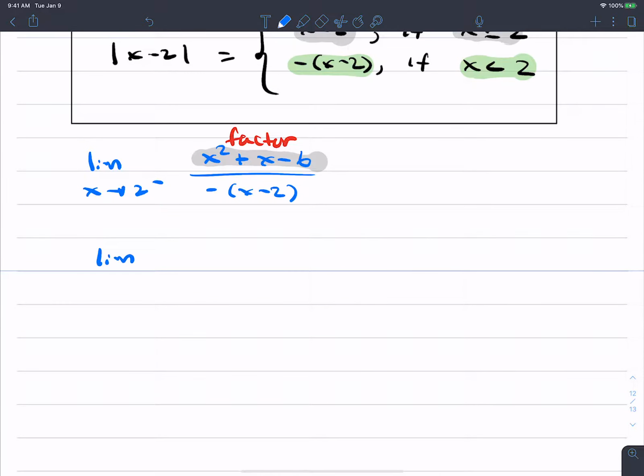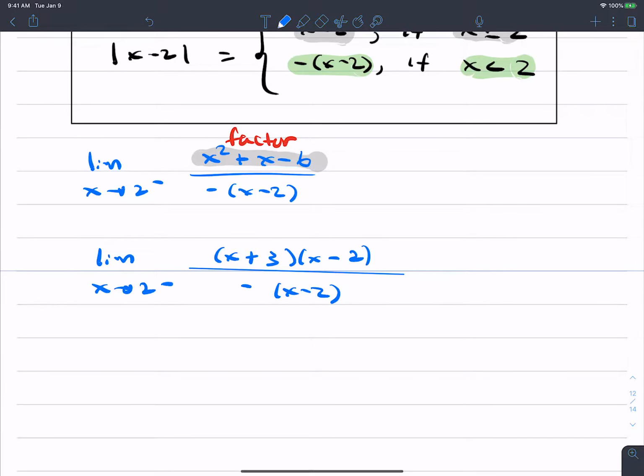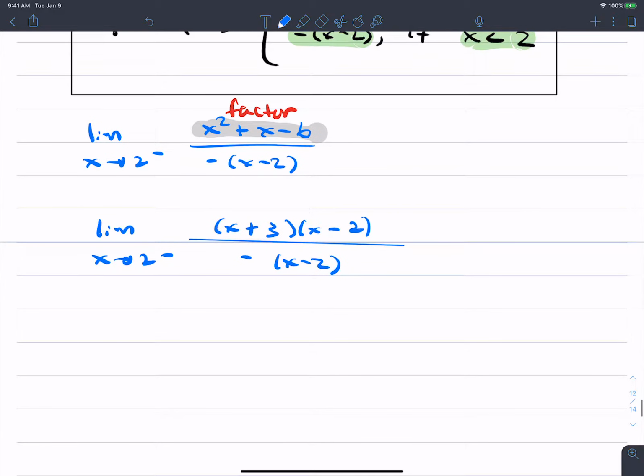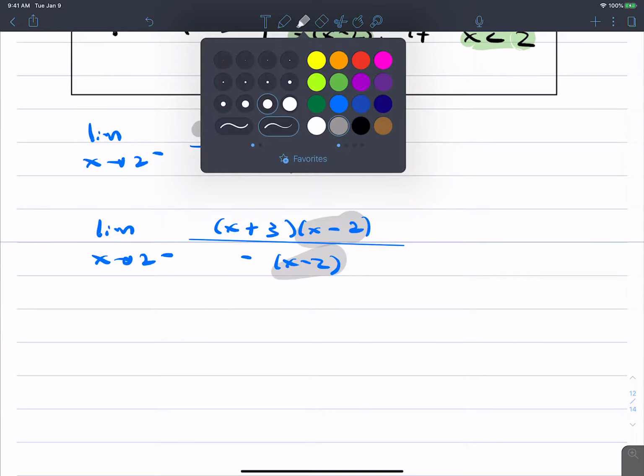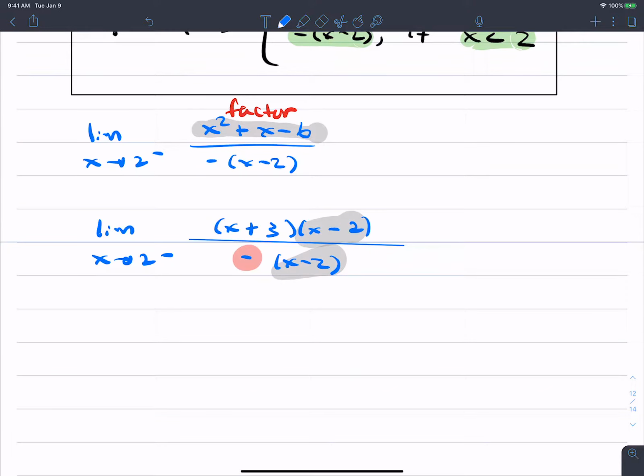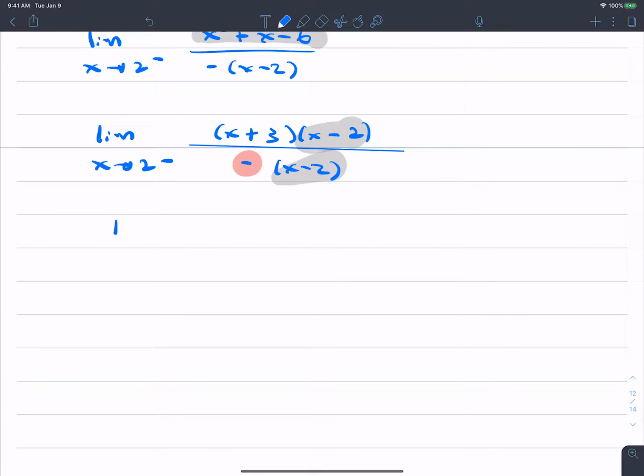So you have the limit, x goes to 2 from the left, and if you factor, right, you get (x plus 3)(x minus 2) over minus (x minus 2), because I factor the numerator. And as you guys can see, the x minus 2's go away, but you are left with that minus sign. And that gives you the limit as x goes to 2 from the left of minus (x plus 3).